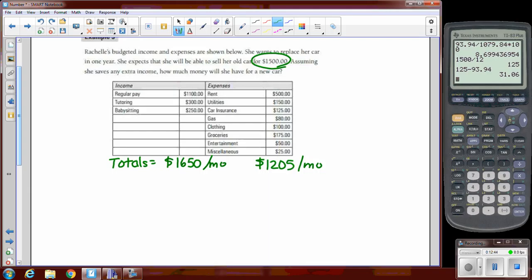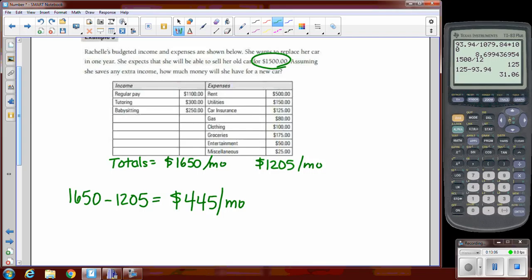Now she wants to save all the additional money to buy this new car. So we could say, well, she's making $1,650. She's spending $1,205 right now, just in this sample budget. If I subtracted these, she actually could save $445 per month for this new vehicle.